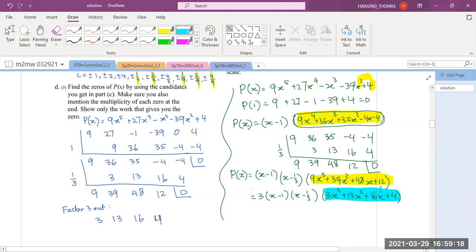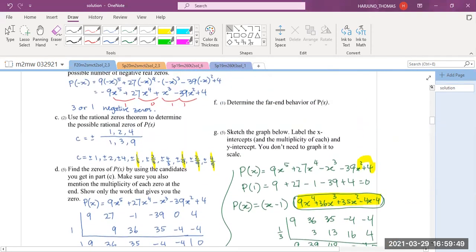Consider that as a new polynomial that you need to factor further, right? Now you see the variation of signs. There's no variation of signs, no more variation of signs there, which means there are no more positive zeros. And that's actually in line with the Descartes' rule of signs that we have in part A.